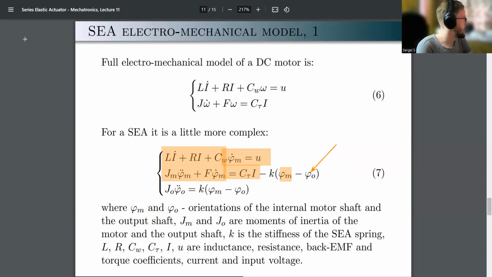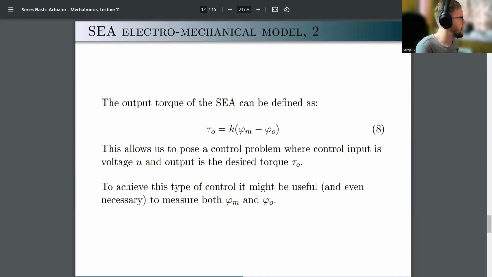This idea, let me now change the slide. This idea is treating the series elastic actuator as a torque generator. Right? So this is what we call output torque, tau sub o, equal to k times phi m minus phi o.